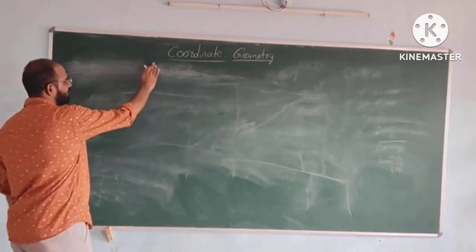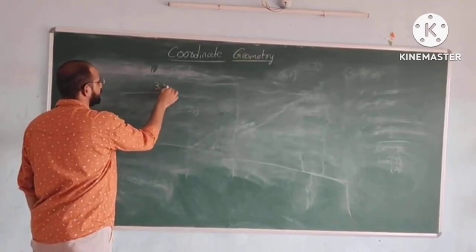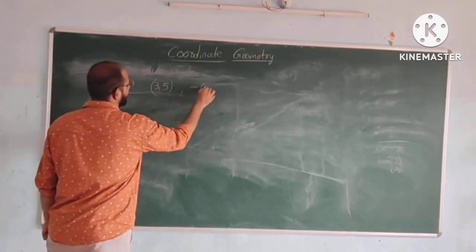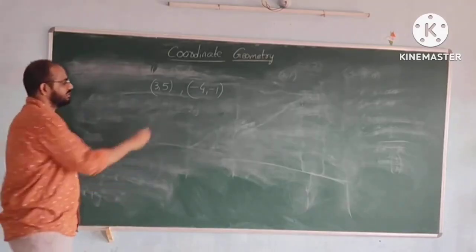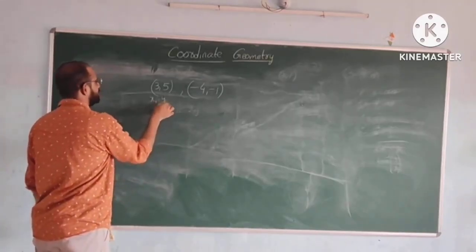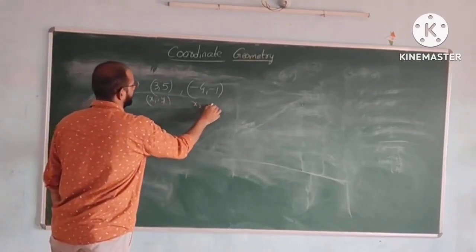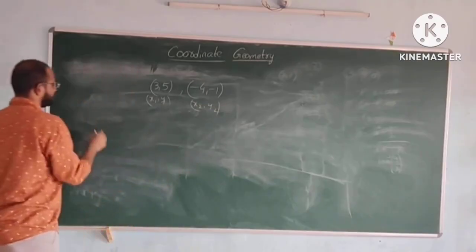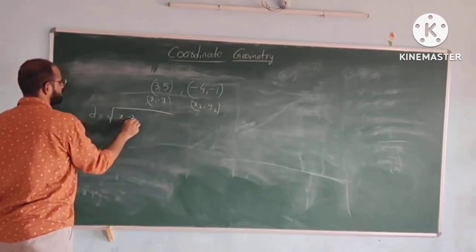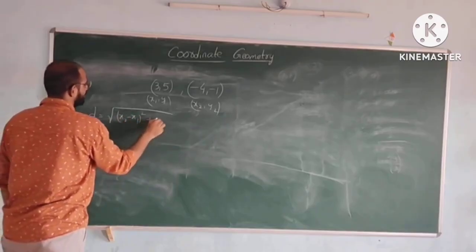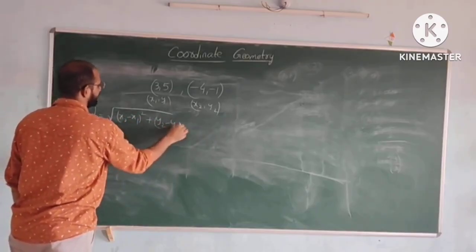Now let us find the distance between the points 3, 5 and minus 4, minus 1. This is the point x1, y1 and this is the point x2, y2. The distance is root over x2 minus x1 whole square plus y2 minus y1 whole square.